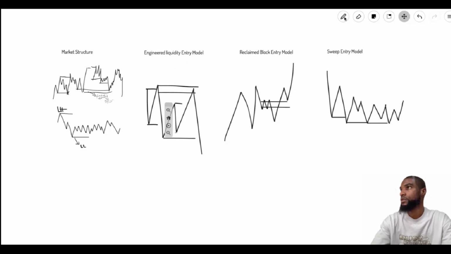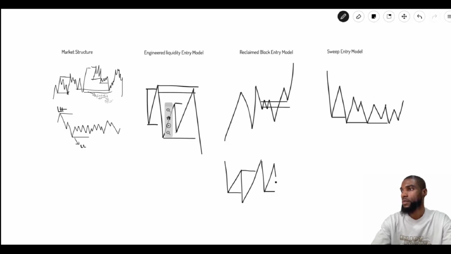The engineered liquidity entry model is something where, if the market is in a downtrend, first of all we want to see a sweep, right? And we want to see what? A break. Then we want to see price push engineered liquidity, and this is the liquidity.